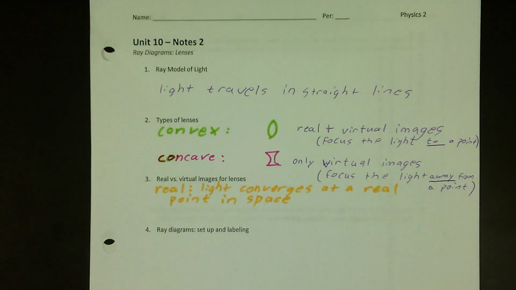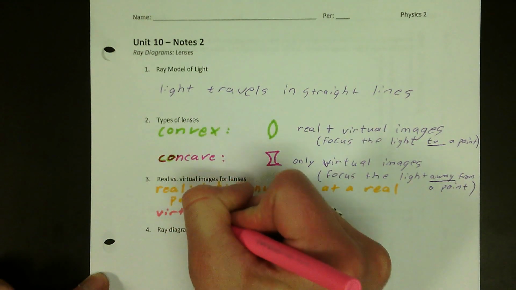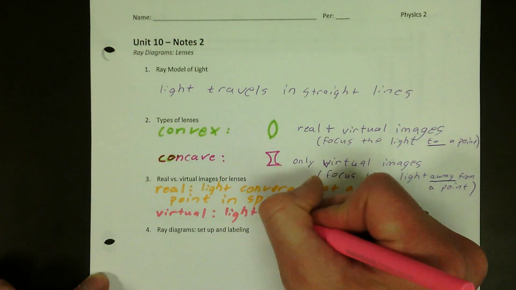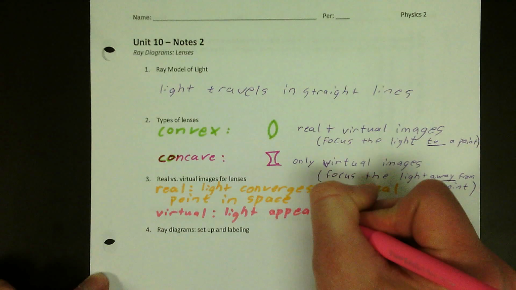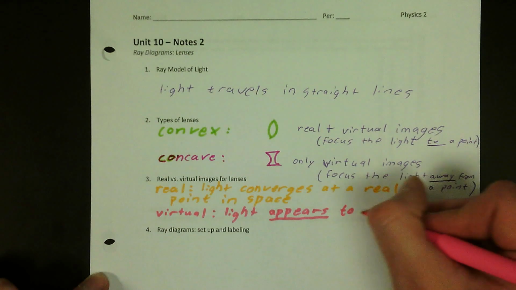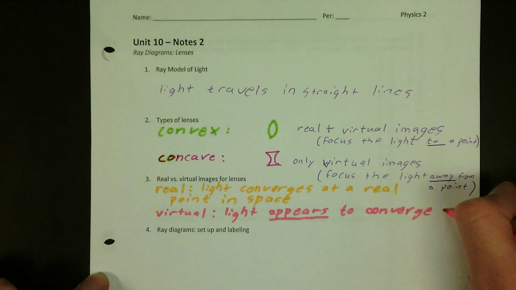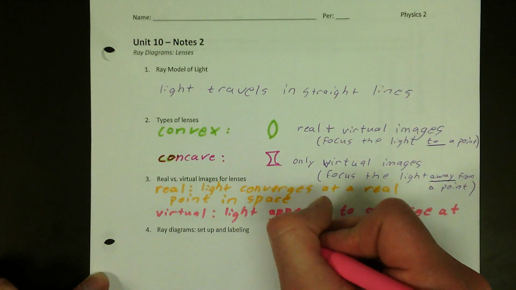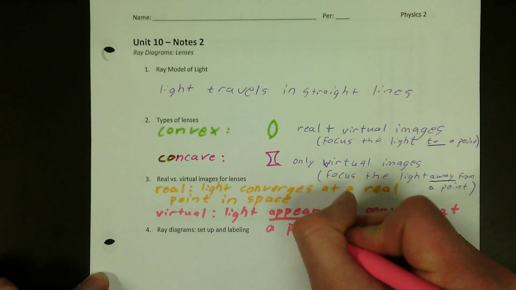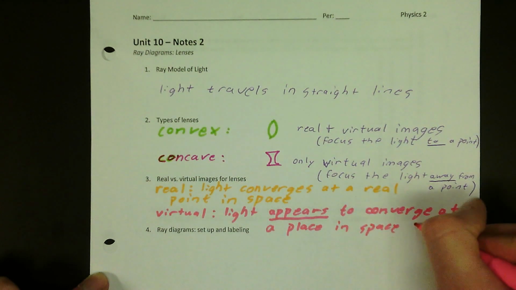Virtual images are a little different. So the light appears to converge at a place in space that doesn't exist.